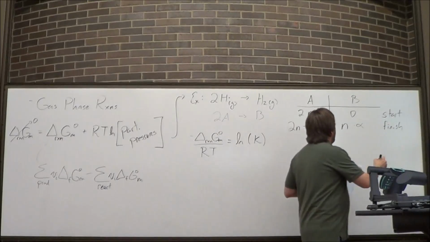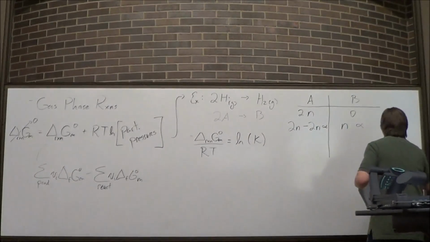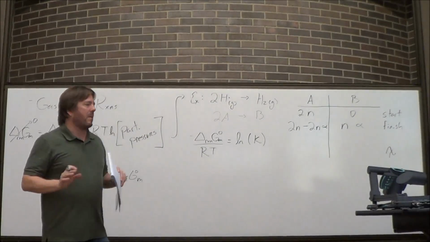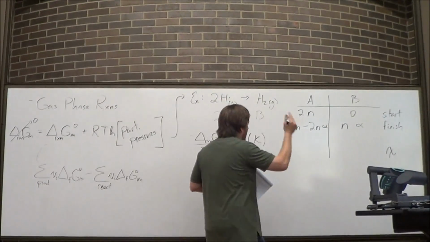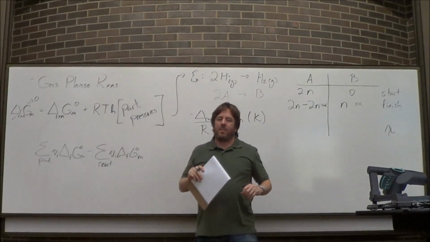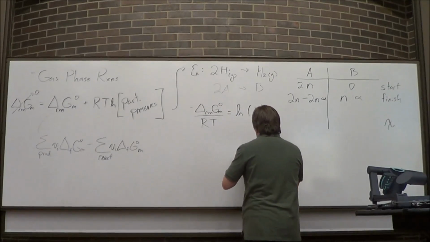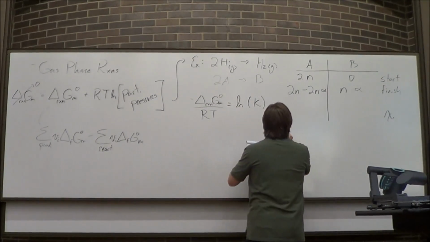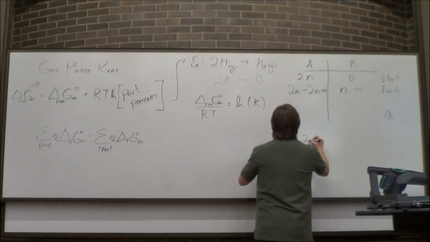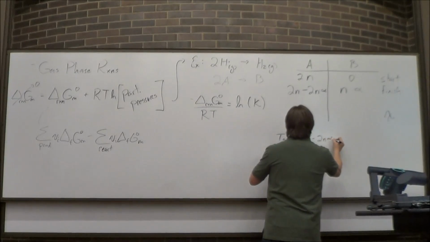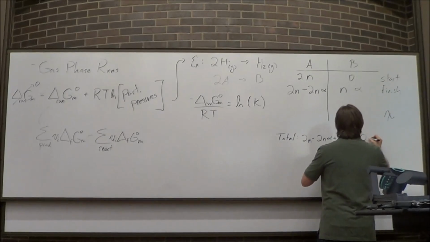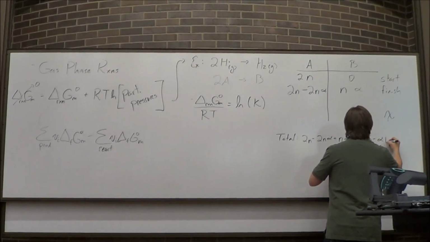And then the next thing I need to do is figure out the mole fractions. Again, remember this is just kind of a little formula. Mole fractions are number of moles, and I define that divided by the total. So now you've got to figure out what the total is. And let's see, so the total is 2n minus 2n alpha plus n alpha, which is 2n minus alpha n.